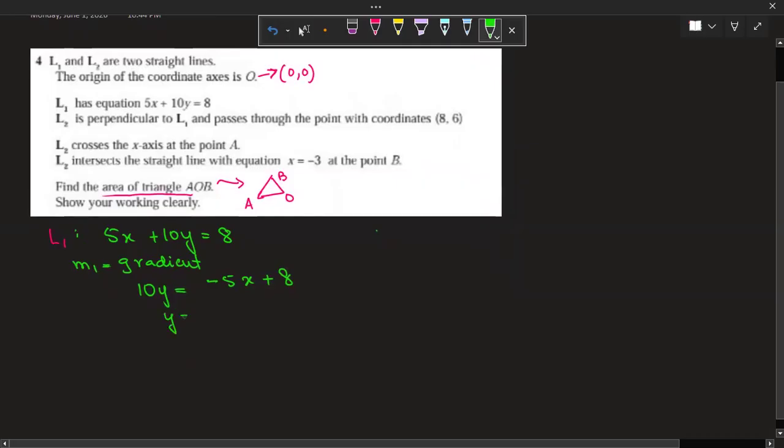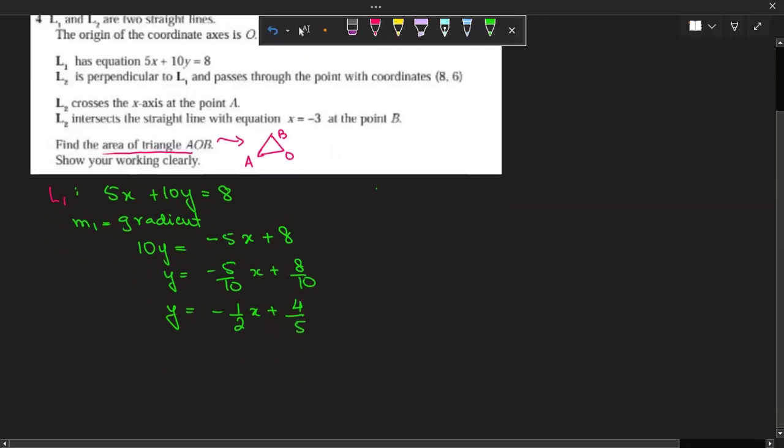And then I can drop 10 to the other side and I'll get y equals minus 1 by 2 x plus 4 by 5, which gives me the gradient equals minus 1 by 2, right?